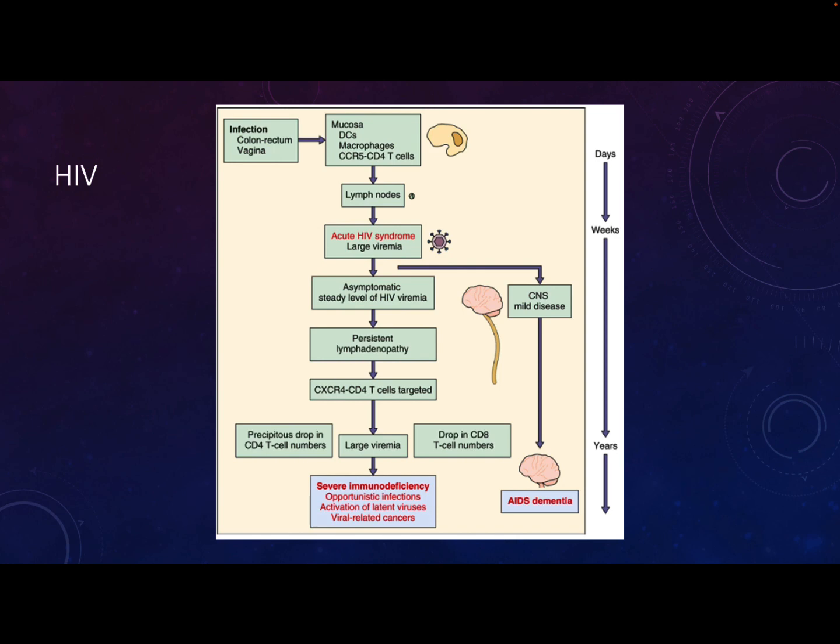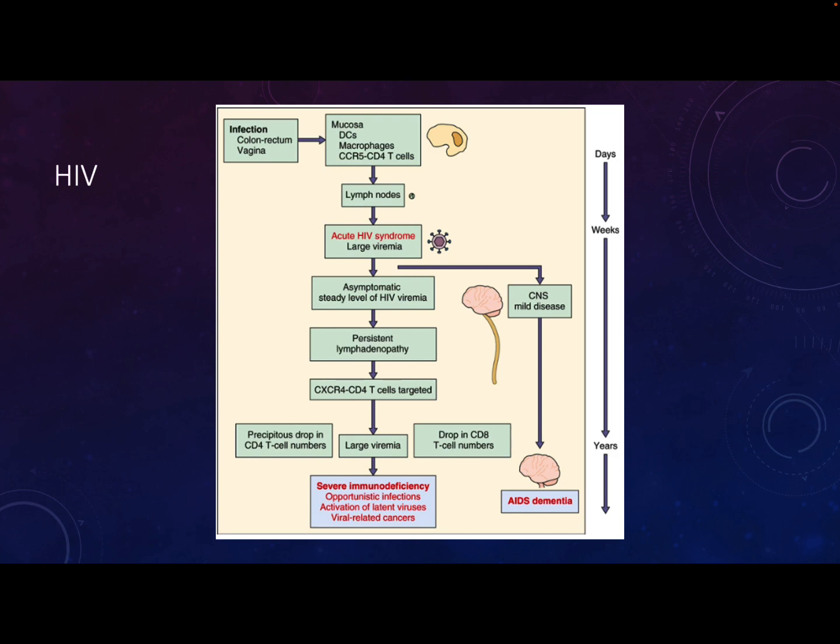And so what we see with HIV and with other lentiviruses that have this really long, slow progression of disease is that during the initial infection, and again, it could be sexually transmitted, it could be bloodborne, and that's about it. So you're not going to get it from hugging, you're not going to get it from kissing.